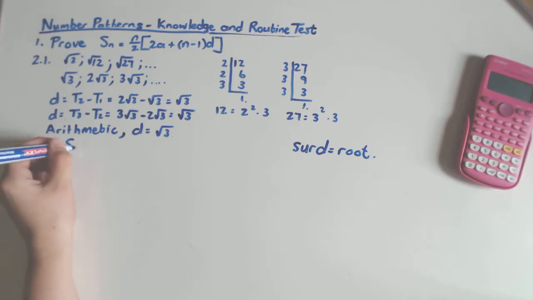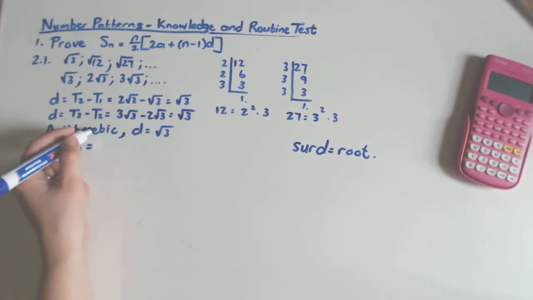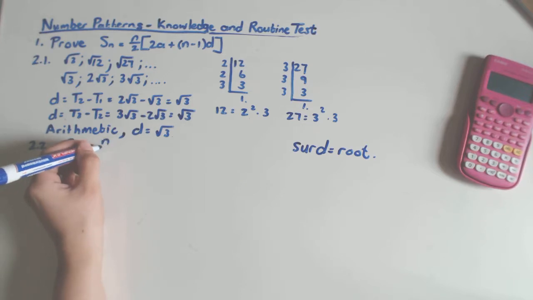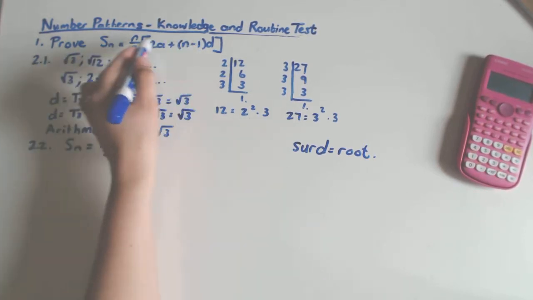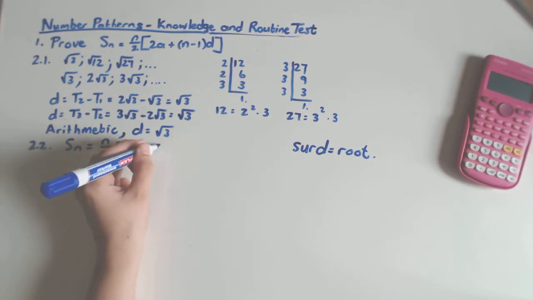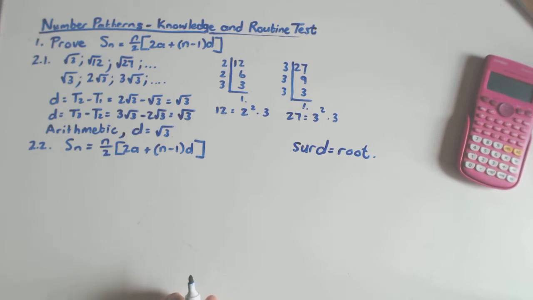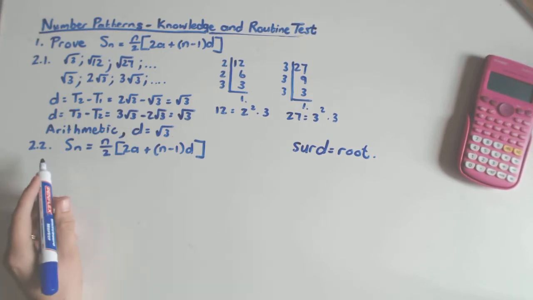So for the sum of the first 10 terms, I'm going to use the formula. They say use a formula to find the sum of the first 10 terms. The sum of an arithmetic sequence is n over 2, this formula there, plus n minus 1 d, like that.